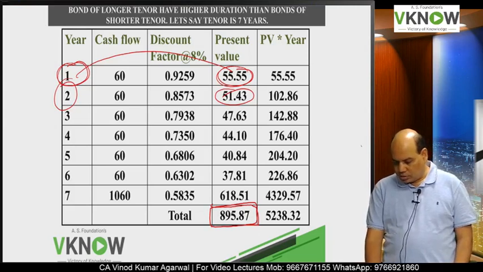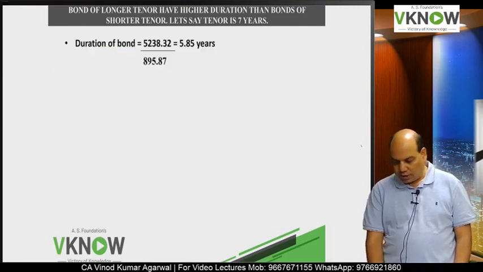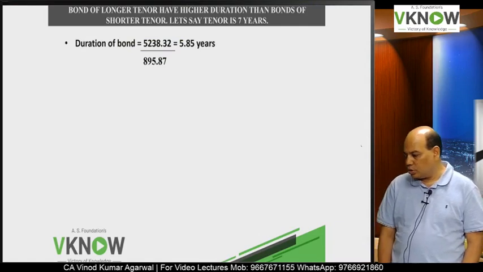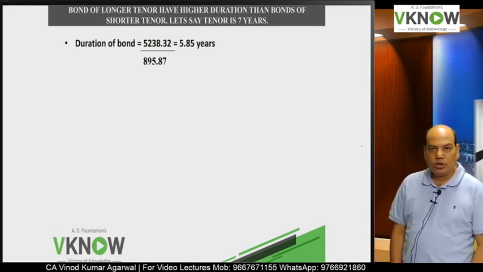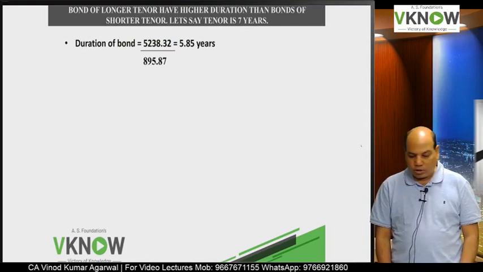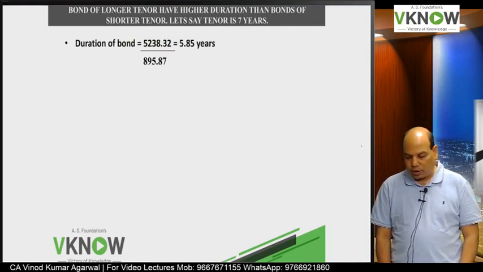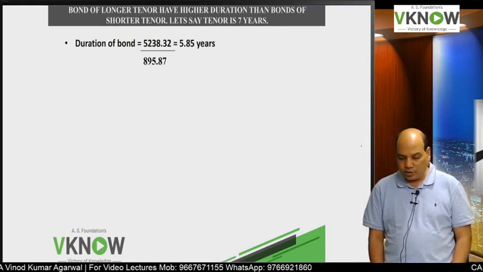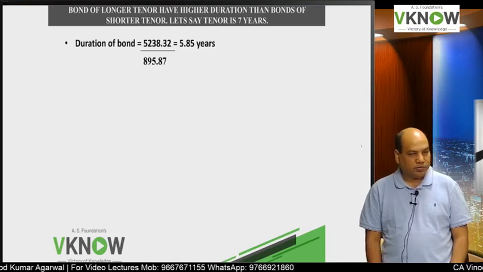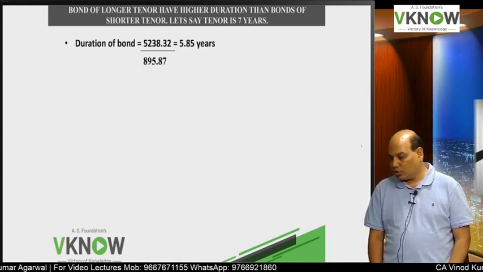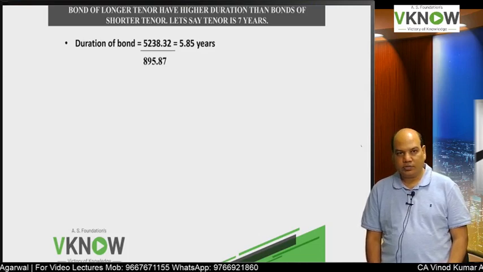Okay. So if you have got it, write below: duration of the bond is 5238.32 divided by 895.87, which comes to 5.85 years.